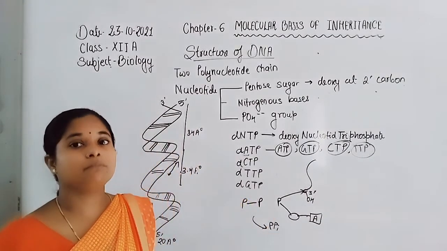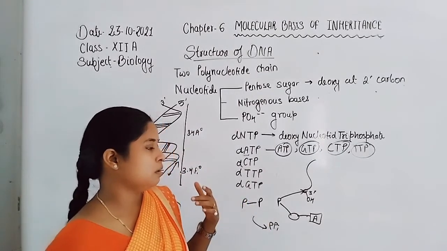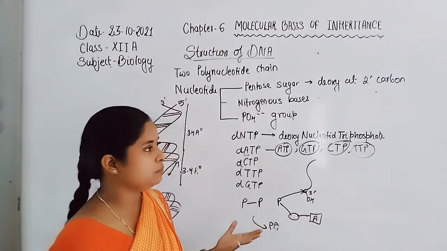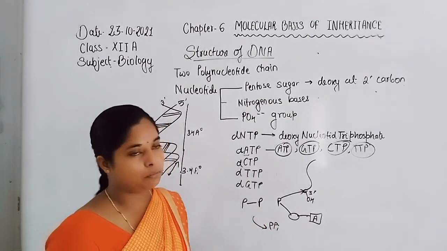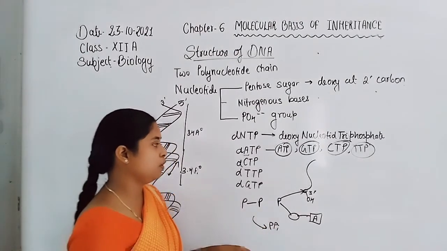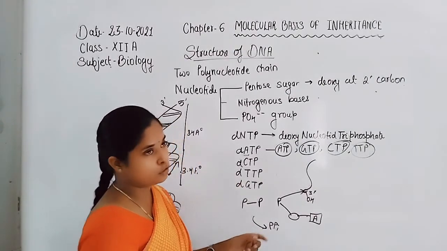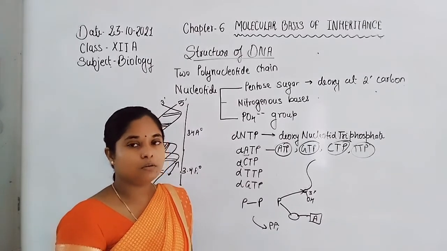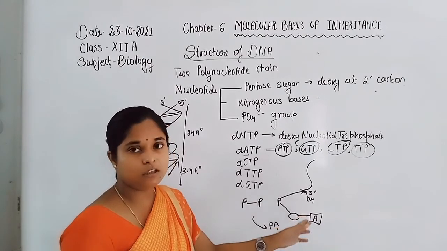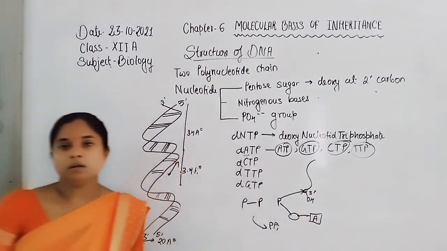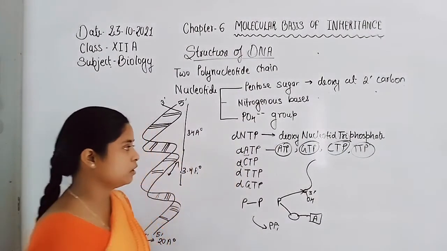So like ATP, it cannot be said that by giving the energy, ATP is released in the form of ADP. But in the formation of the polynucleotide chain of DNA, only the two-phosphate group is released after making the bond, because adenosine is already used in making the nucleotide chain of DNA.